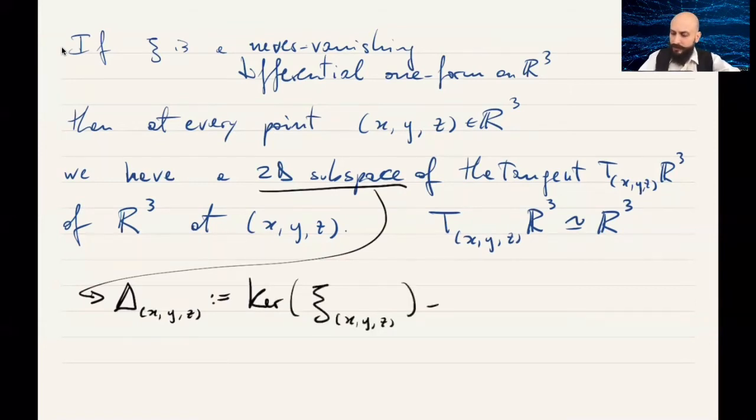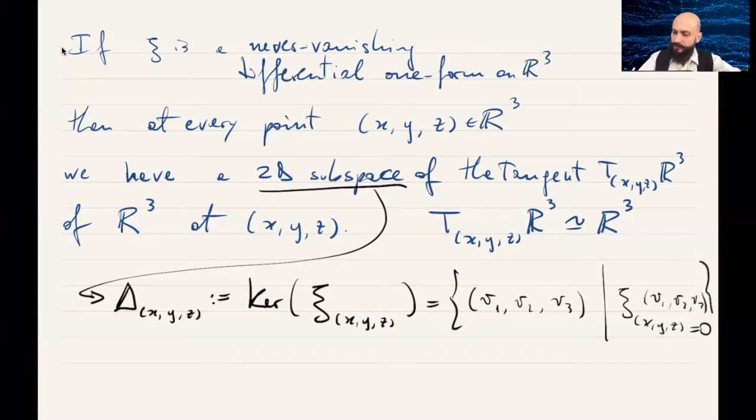What does it mean? These are all the vectors in R3, so we can write v1, v2, v3, on which xi at the point x, y, z applied to v1, v2, v3 is equal to 0.